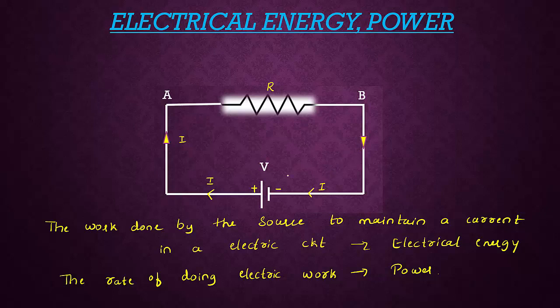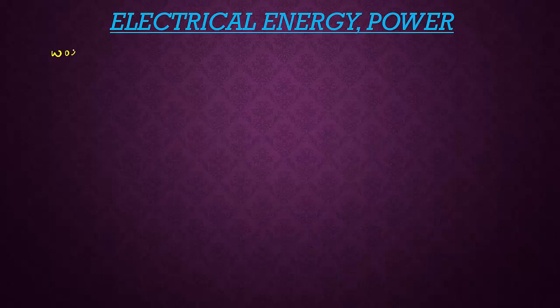Now I consider V as the potential difference between the points A and B. Now we can write the work done to carry a charge from point A to point B. How much work is done to move the charge from A to B?